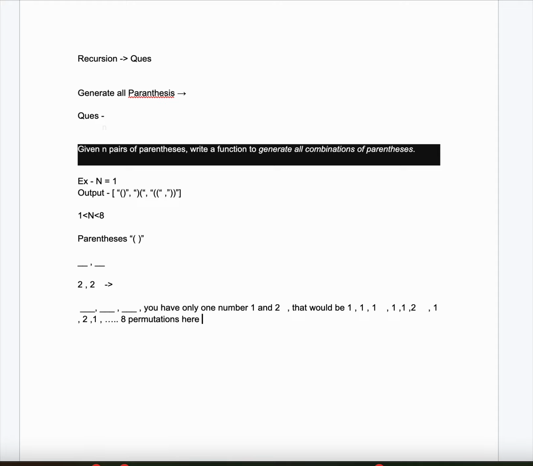So you got the idea of permutation here. Likewise this problem will also go on. We have to generate all the n pairs of parentheses. If you have n equal to 1, then we have two spots. For two spots we have two permutations for the first spot and two permutations for the next spot. Total output will be 4. This is the math.